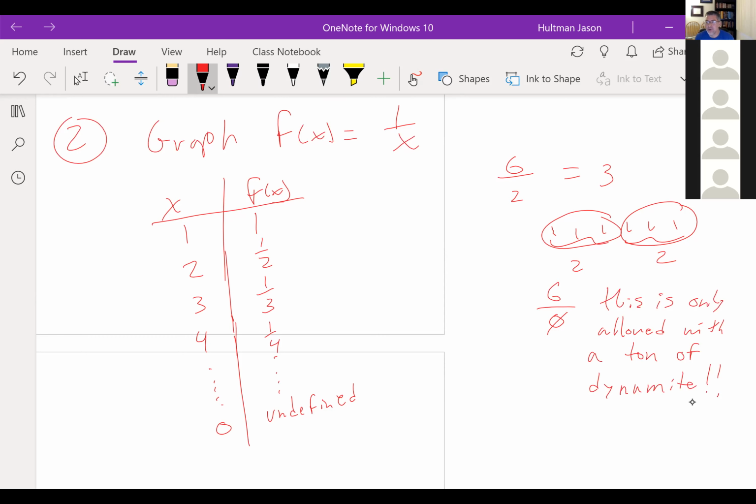Does this make sense? You cannot get nothing from something in mathematics. You can't say, I've got 6 items, I'm going to put them in 0 groups. Okay, well, where'd all your stuff go? It doesn't make any sense. It makes no sense whatsoever.